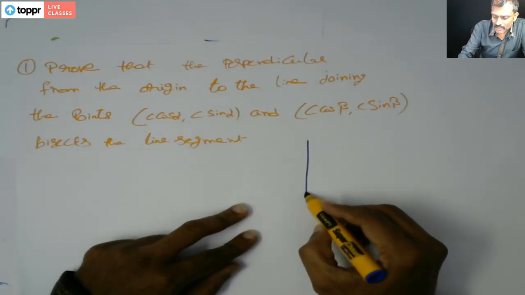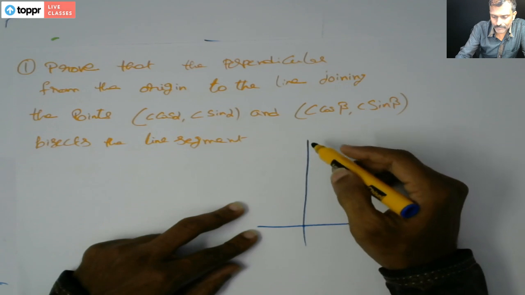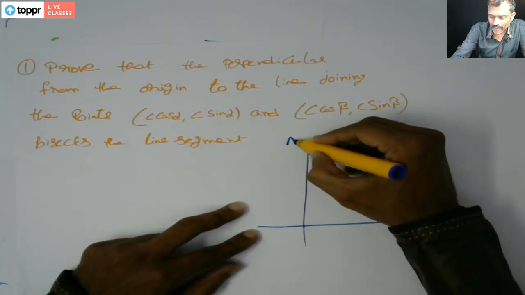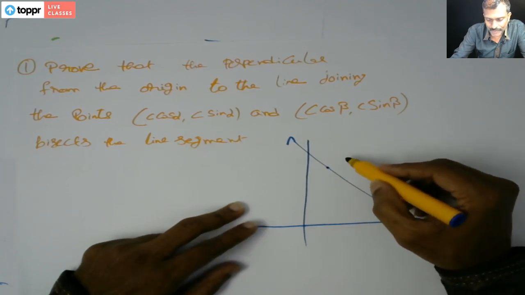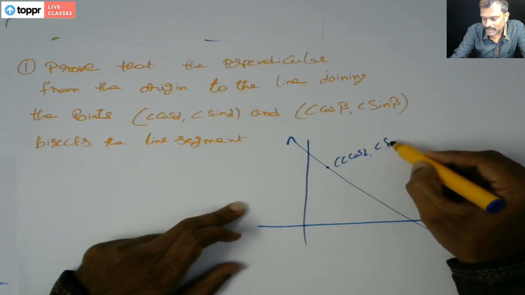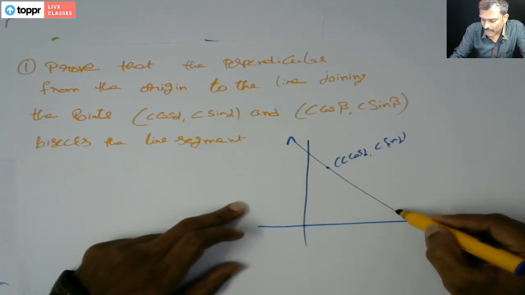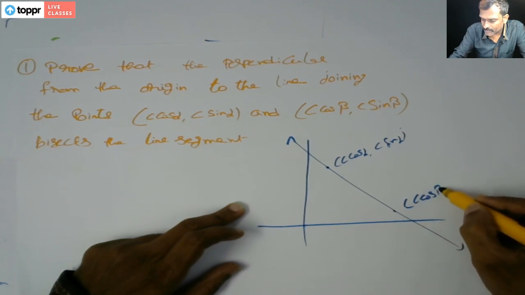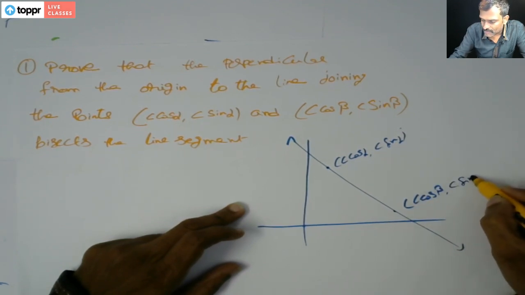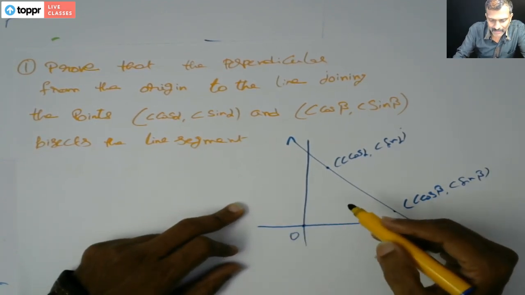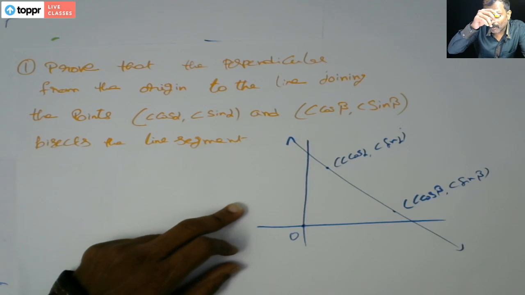So see, there is a line segment. He's talking about a line segment where there are 2 points. One point is c cos alpha, c sin alpha, and one more point is c cos beta, c sin beta. Right, and this is the origin.